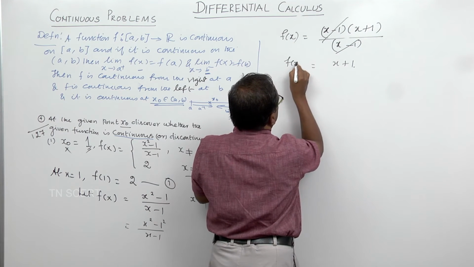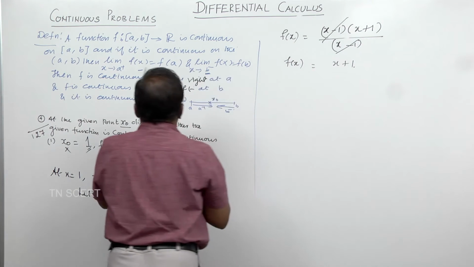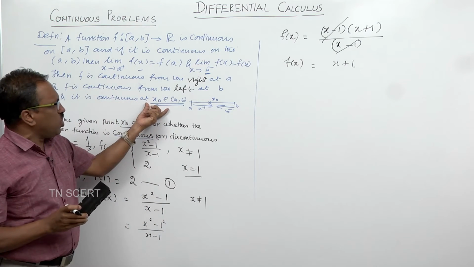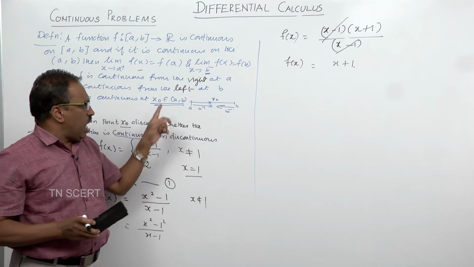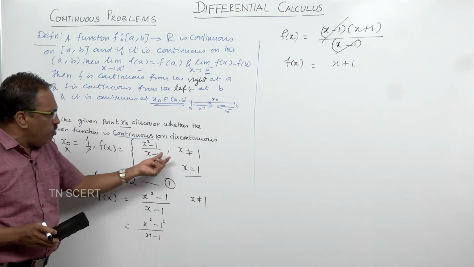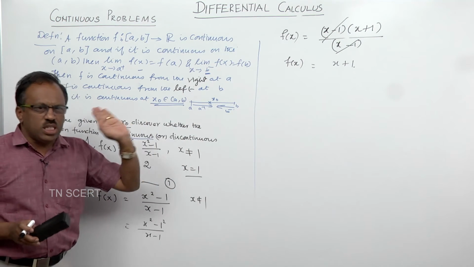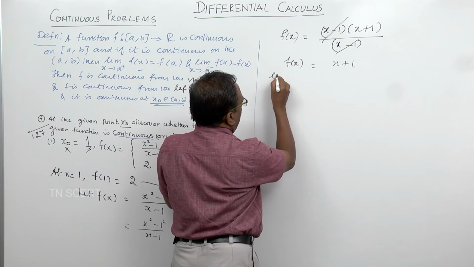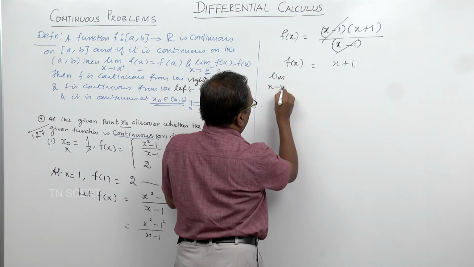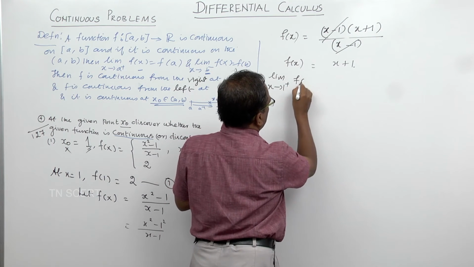So, f of x. According to this definition, it is right at A, left at B. Right at A means what is that? I wish to know towards x is equal to 1. That means limit x tends to 1 plus f of x.